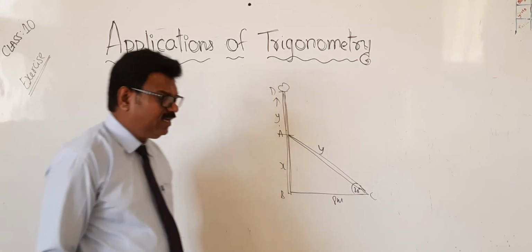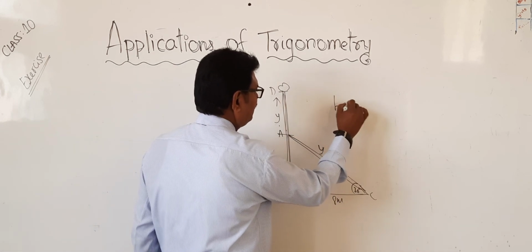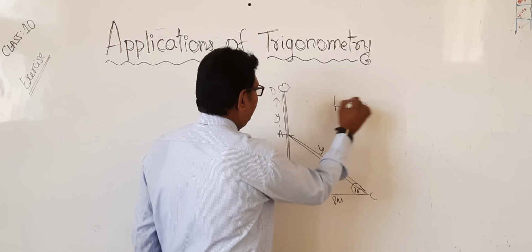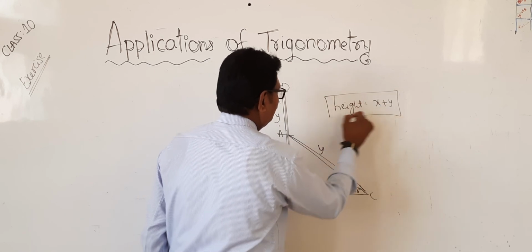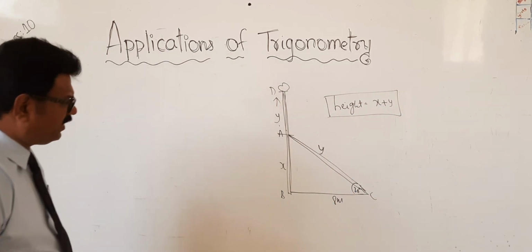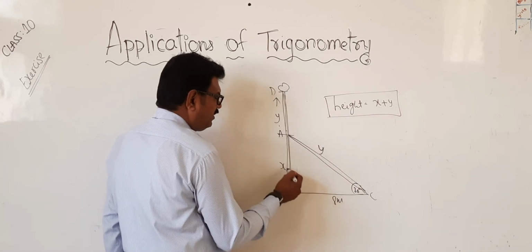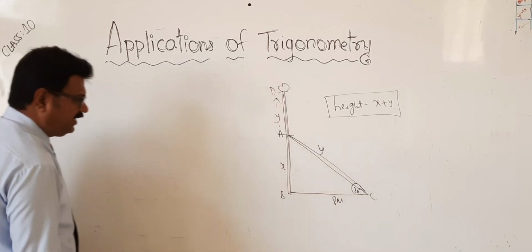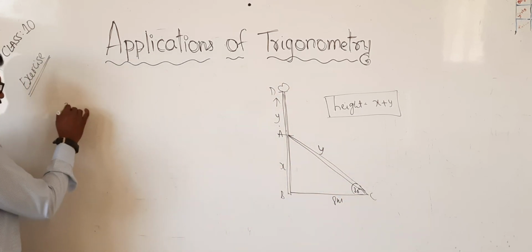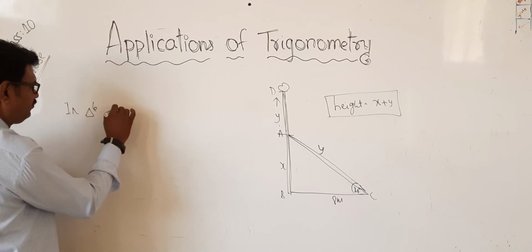Okay? So we should find out the height of the tree. The height is nothing but x plus y. So we should find x plus y. Very simple. Here the base of 8 meters is there and the opposite is there. Therefore we will go for tan theta in triangle ABC.